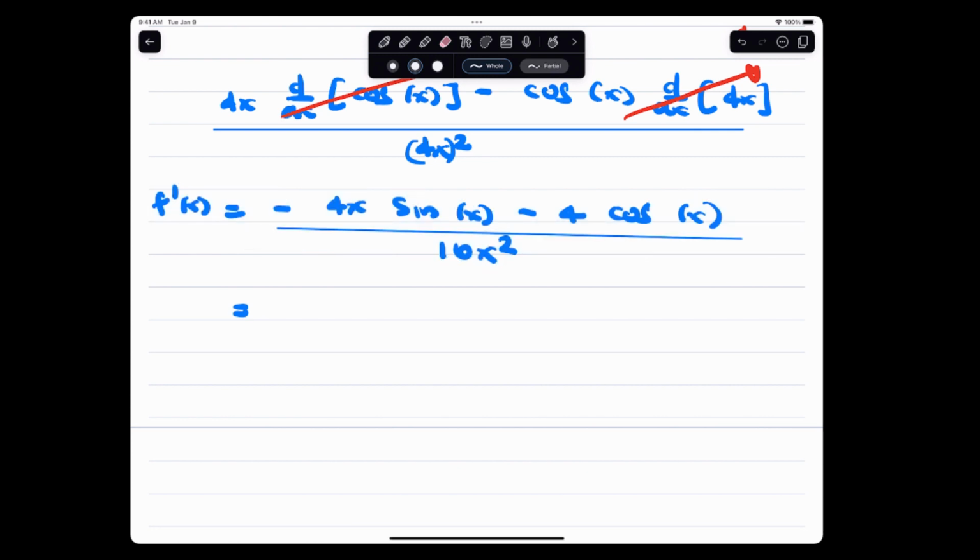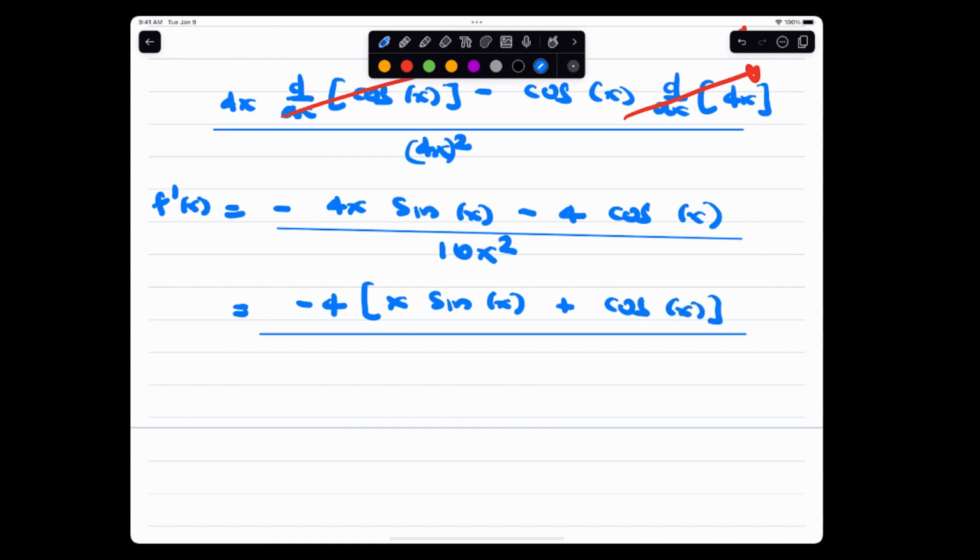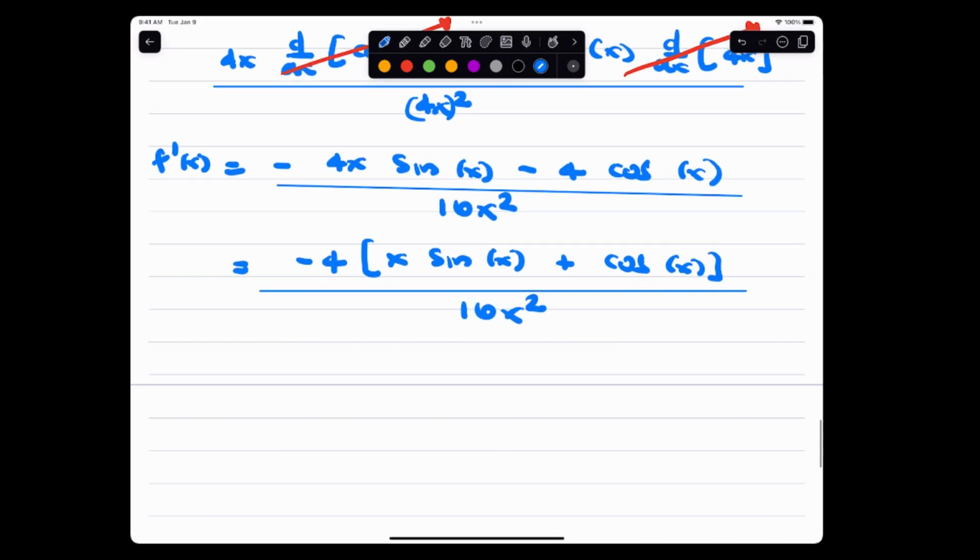What you can do is a couple of things. You say, can I factor out a -4? Yeah. Right? So you say, you got -4, and then you have x sine x plus what? Cosine x. Now that's going to be over 16x squared.